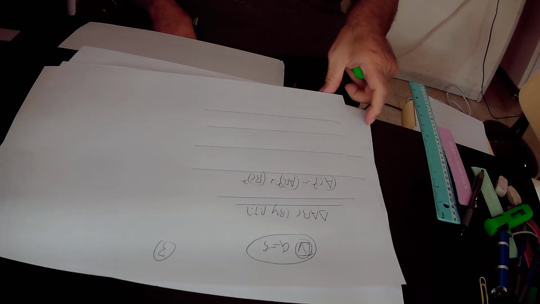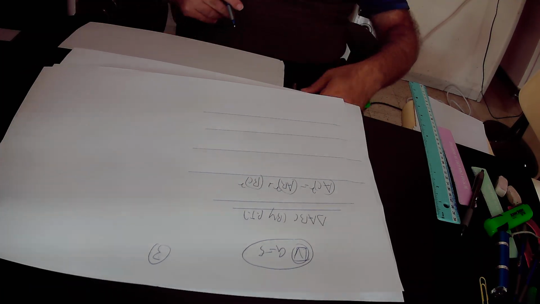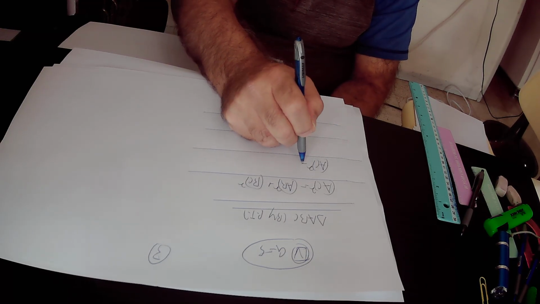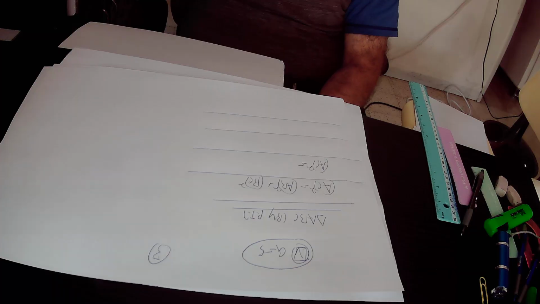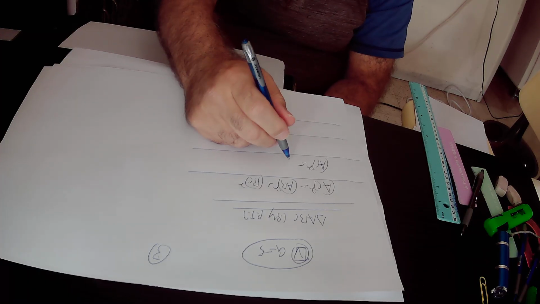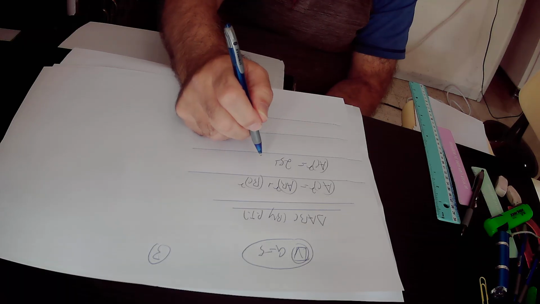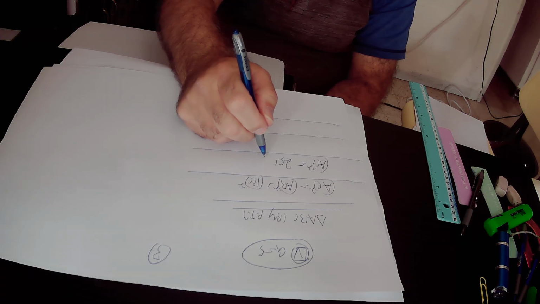AC is the missing side, so AC squared equals AB squared. AB is 5, therefore AB squared is 5 squared, that is 25, plus BC squared. BC is also 5, so BC squared is 5 squared, that is 25.